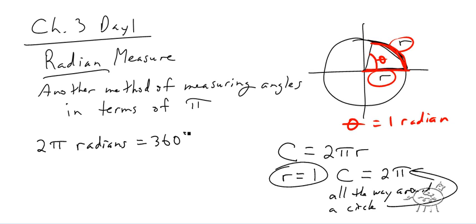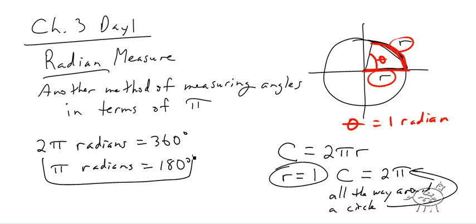That makes sense, right? 2 pi radians is all the way around one circle. So I can actually simplify that. Can I divide both sides by 2? Pi radians is 180 degrees. This, math fans, is your conversion.